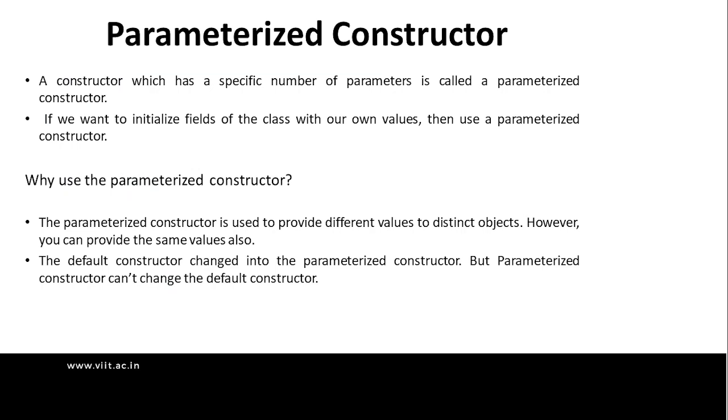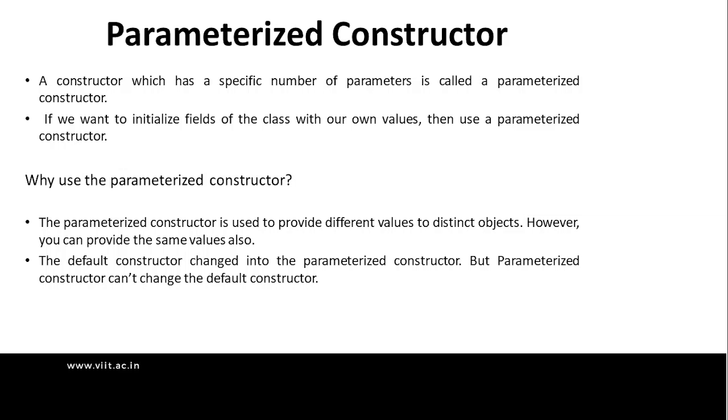The second type of constructor is the parameterized constructor. A constructor which has a specific number of parameters is called a parameterized constructor. If you want to initialize fields of a class with your own values, then use a parameterized constructor.